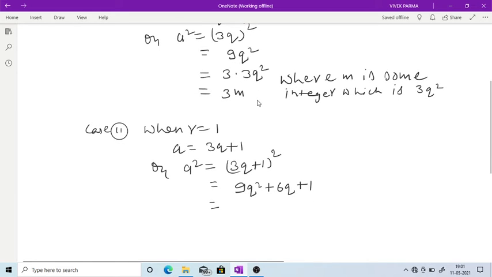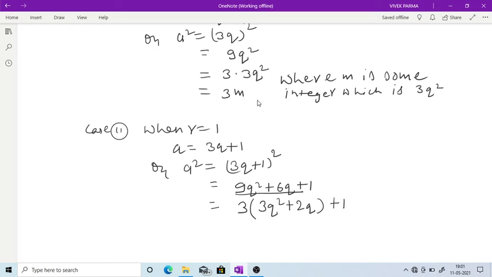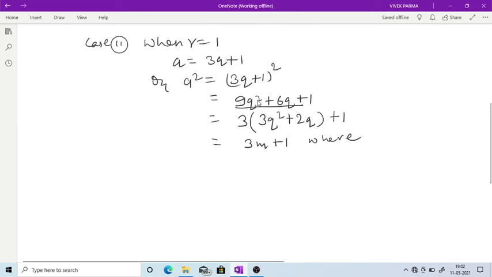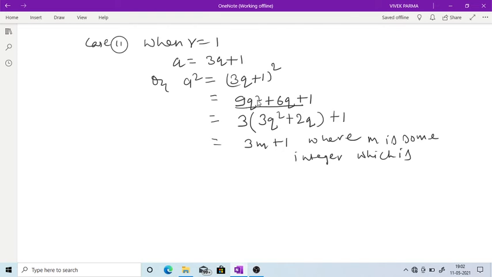I'm going to take 3 as a common factor from these two terms, so we have 3 into 3q square plus 2q, and this is plus 1. So this is 3m plus 1, where m is some integer, which is 3q square plus 2q.